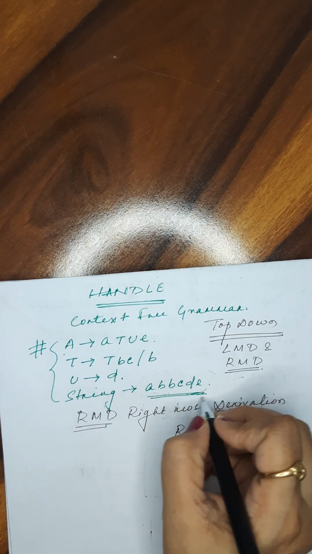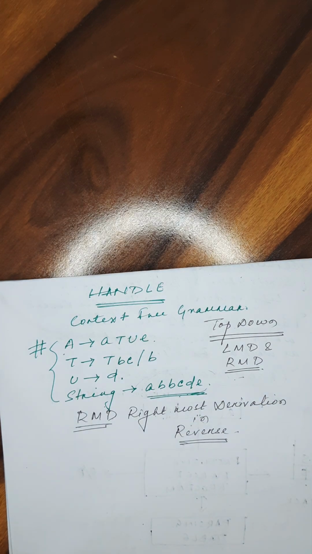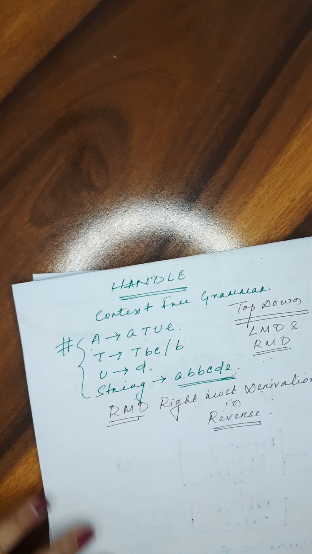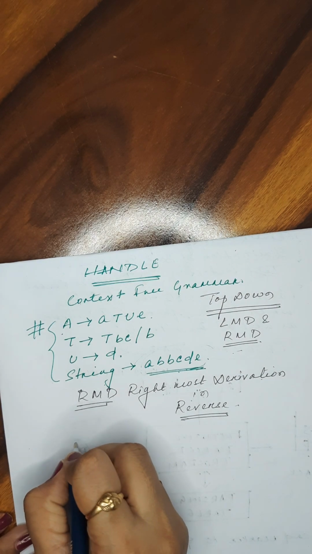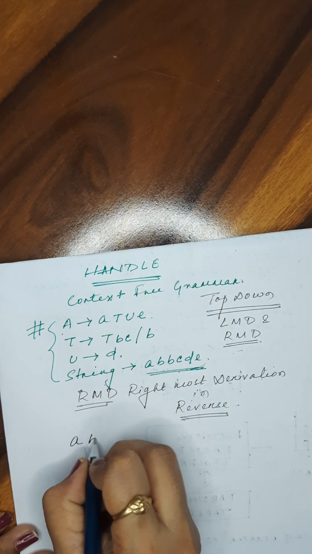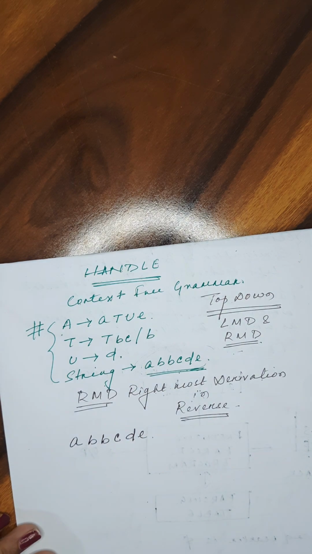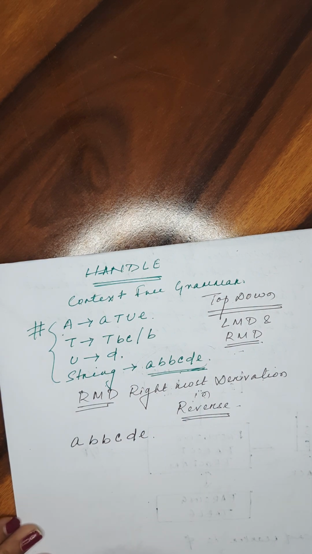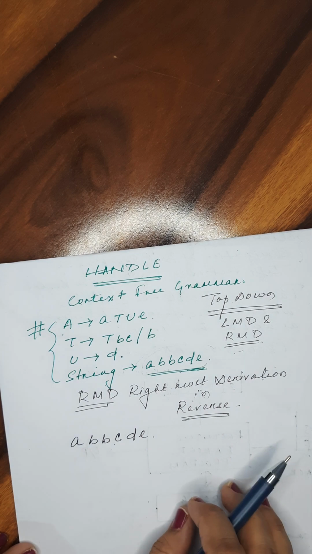We will keep on reducing this string until we get the starting symbol. So we will start with the string over here. Now see how to do it. A, B, B, C, D, E. Understand this carefully. Based on this handle only, the entire bottom up parsing will be solved.